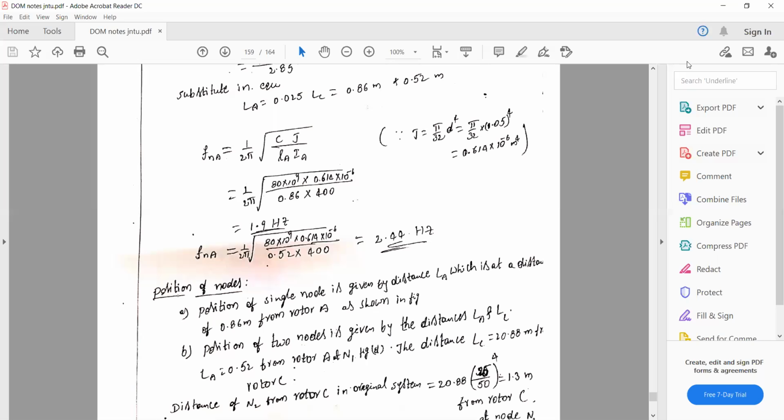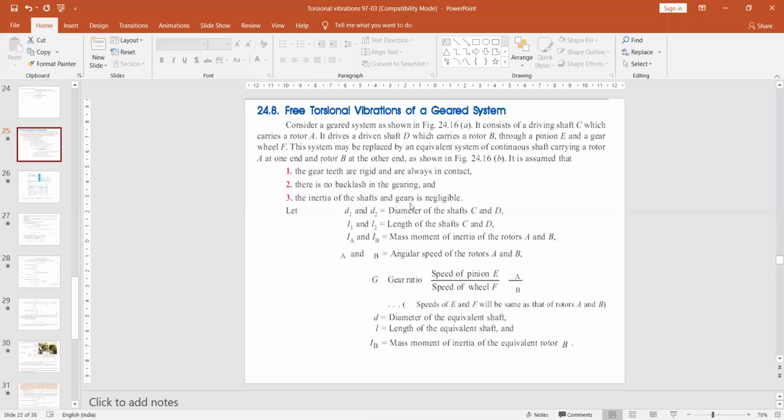Next topic, free torsional vibrations of a geared system. In the earlier session we took the three rotor system. But in this, the rotor system is having one gear.